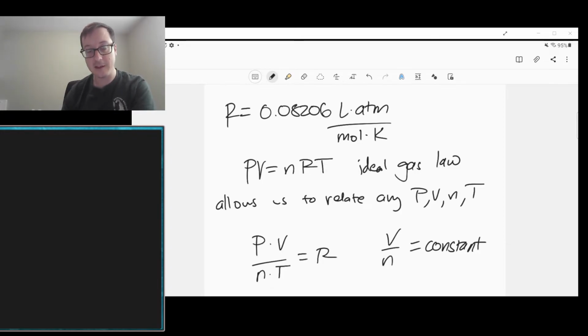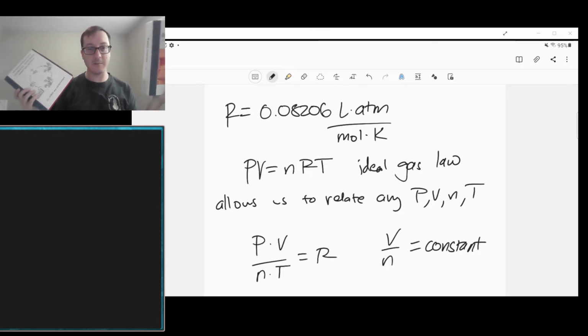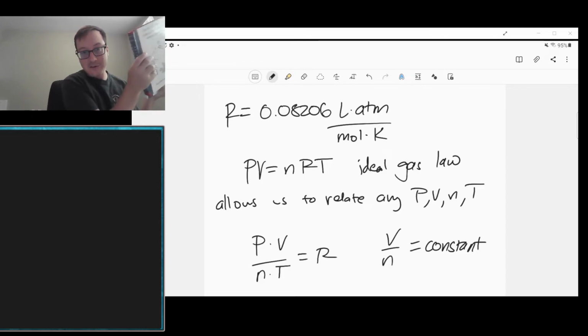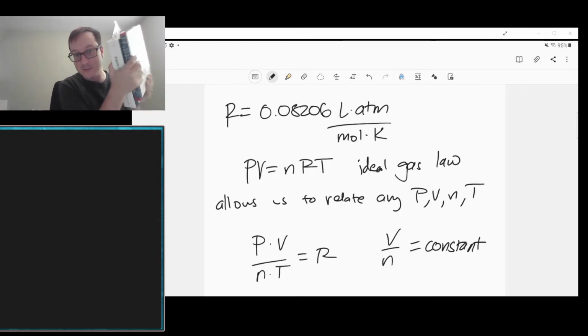Moles is how many things you have. Volume is how much space things occupy. Does it make sense that the more things you have, the more space you occupy? Presumably. For example, one OChem textbook, two OChem textbooks, they occupy more space if there's two of them rather than one, right?